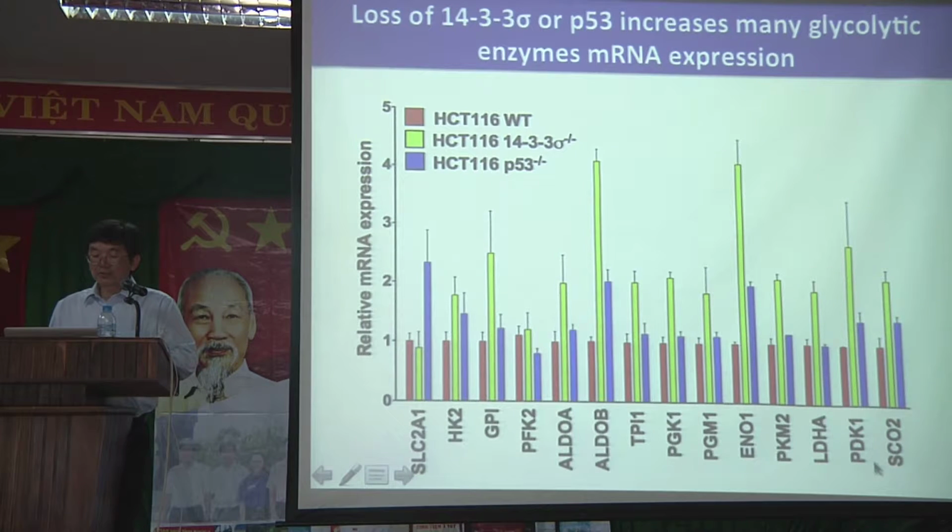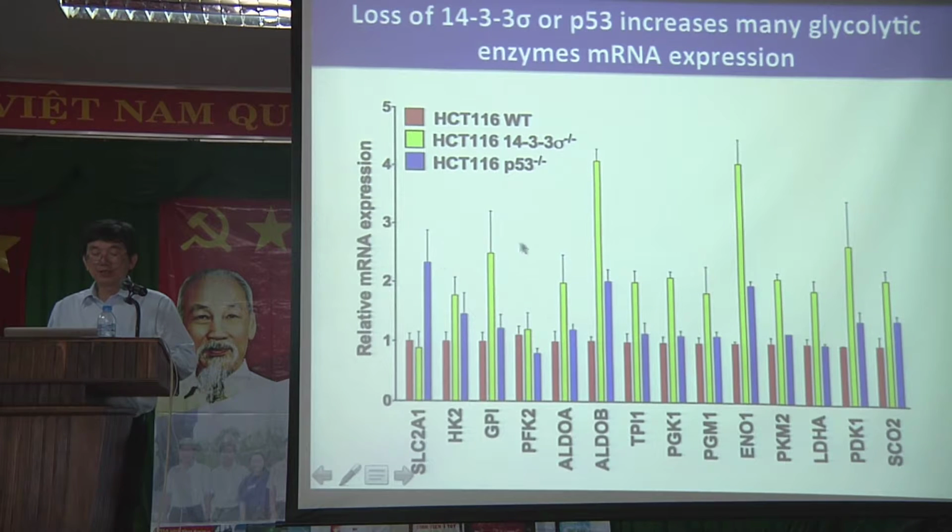So this is a focused panel of the glycolytic genes, enzymes involved in glycolysis, using cells that are deficient in p53, or cells that are knocked out for 14-3-3 sigma, and doing the reverse transcription PCR analysis of the panel of genes.